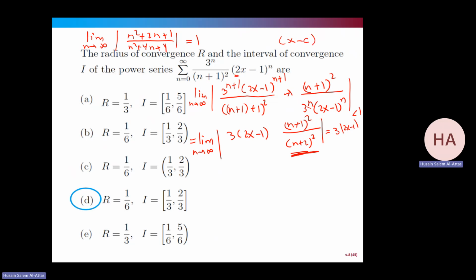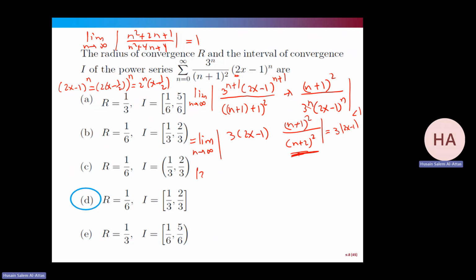So I need to take these two out. I need this x minus c. So if we take 2 out, x minus c to the power n. This needs to be explained. 2x minus 1 to the power n, it will be, take 2, I have x minus half to the power n. So 2 to the power n, x minus half. So my c is half.